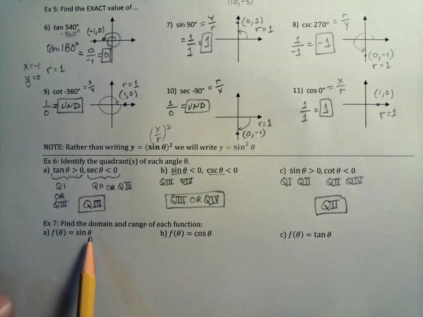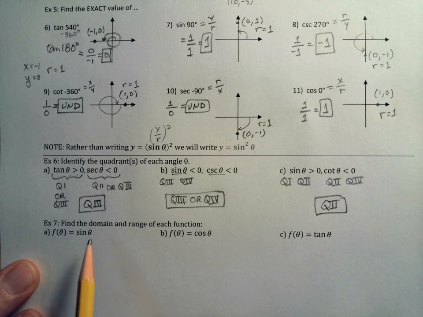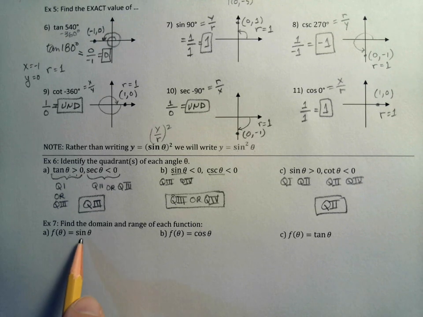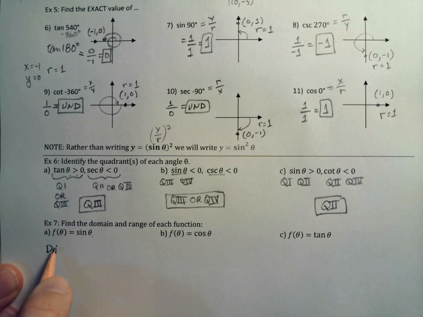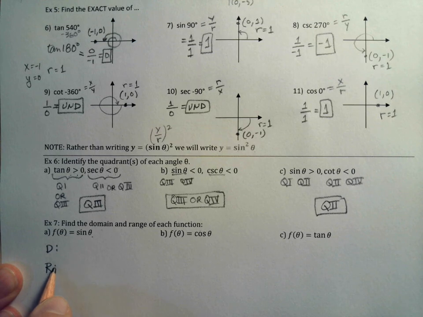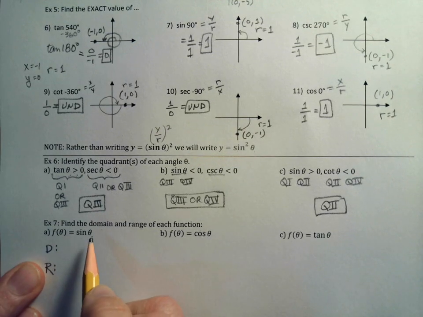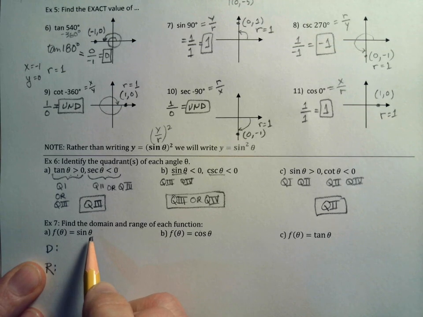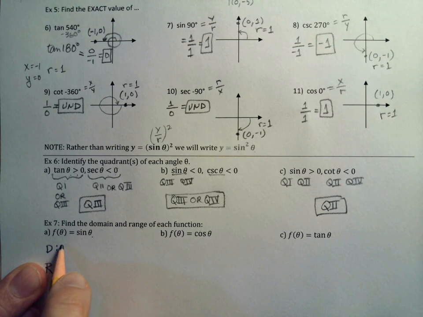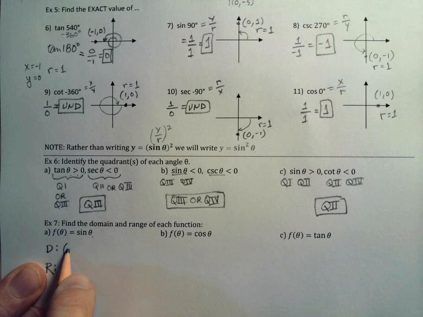So what restrictions do we have on the theta that we can put in for sine? Think about it. There's no limit to what we can put in for the angle into sine. So the domain is going to be all real numbers.